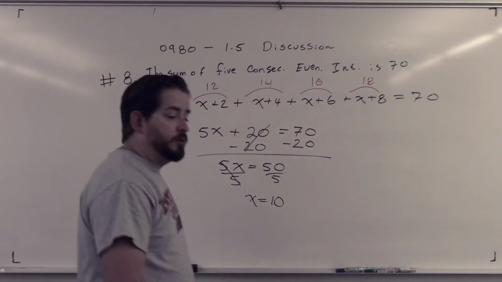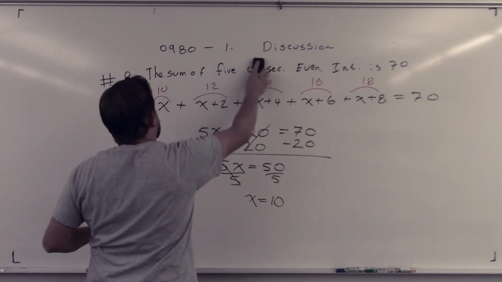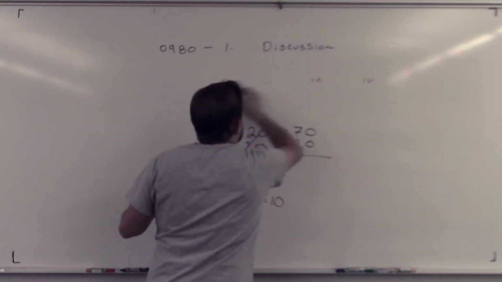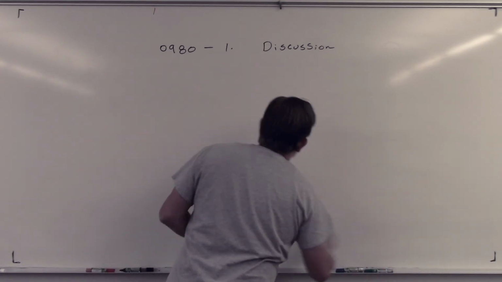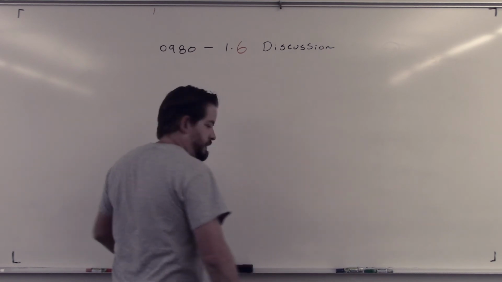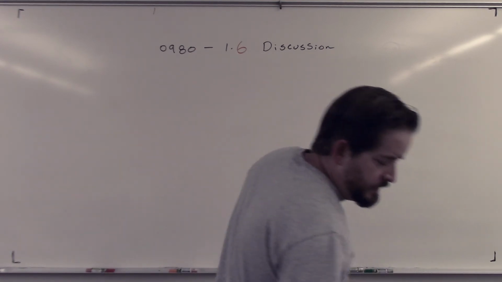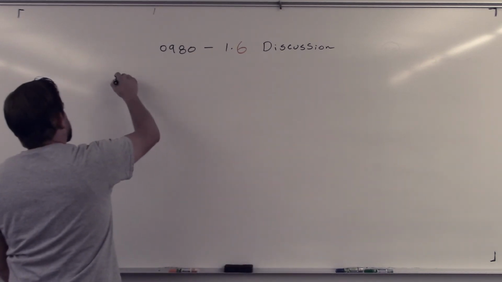That was it for 1.5. Let's take a look at 1.6. There was only one question in 1.6 that was asked of me in both of my classes, and that was number 12. And it says, y varies inversely with the square of x.